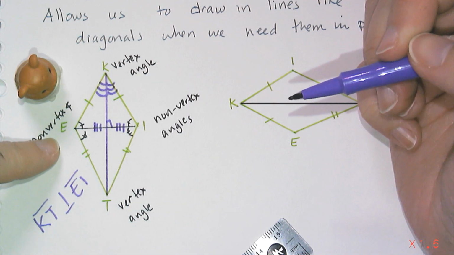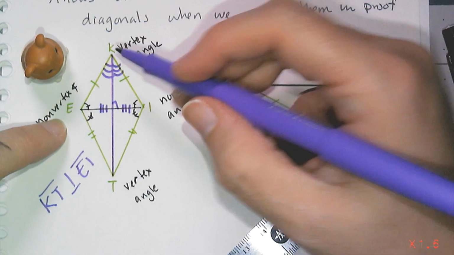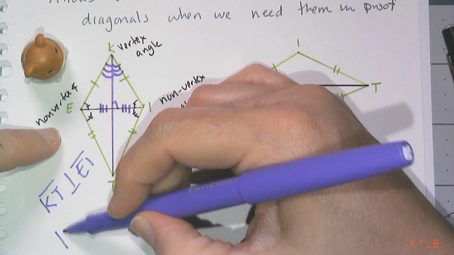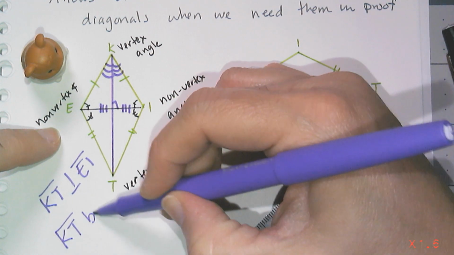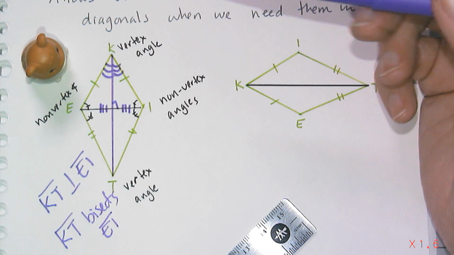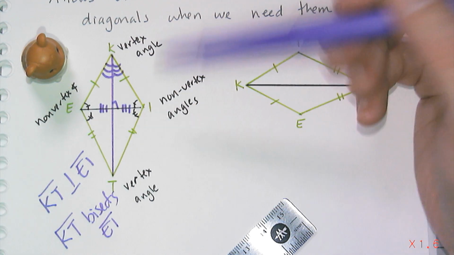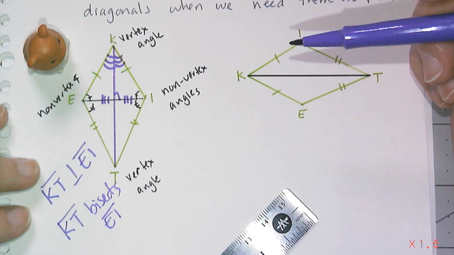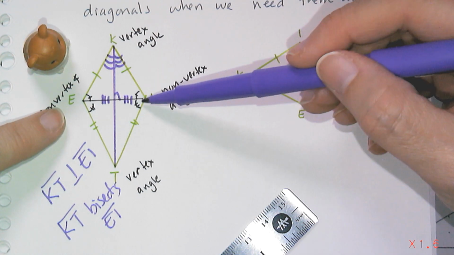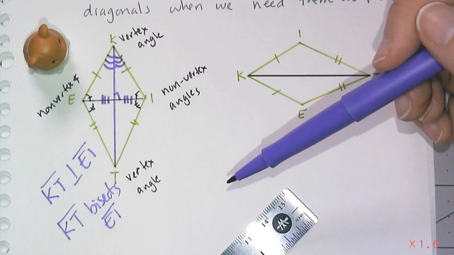The two diagonals are perpendicular. And I also know that KT bisects EI. Perpendicular, bisecting, yay. So that's what this one little diagonal of the non-vertex angles gives me.